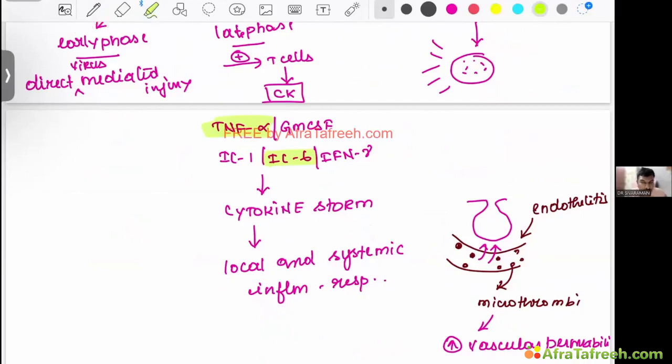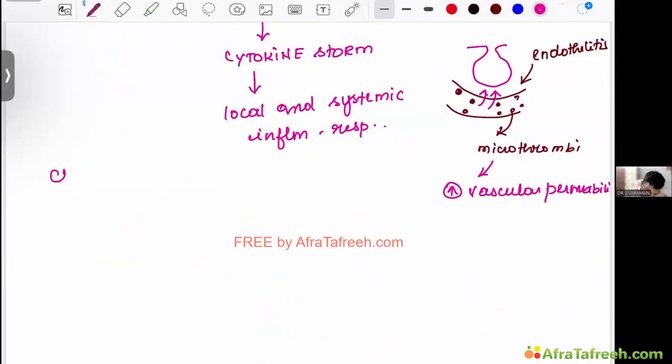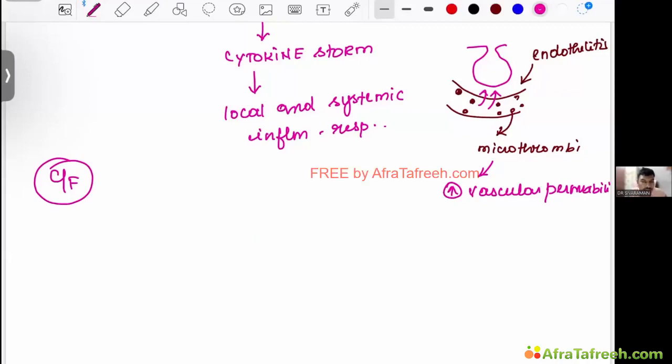So what are the things which are happening after these destructions? What is the clinical feature of COVID-19? Every one of you, or everyone known to you, would have developed COVID.